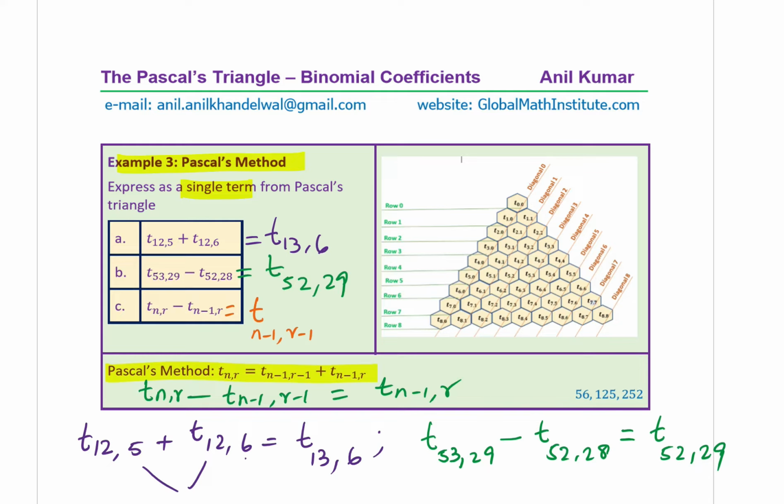And that is how we get the answer for this particular question. So I hope you have understood the concept of getting to the next element in Pascal's triangle, correct? I'm using different words, next element, next term. These are all the terms which can be used for the Pascal's triangle numbers.